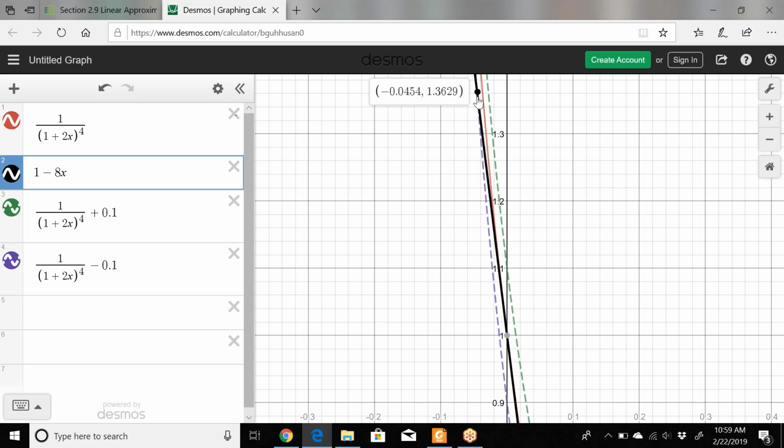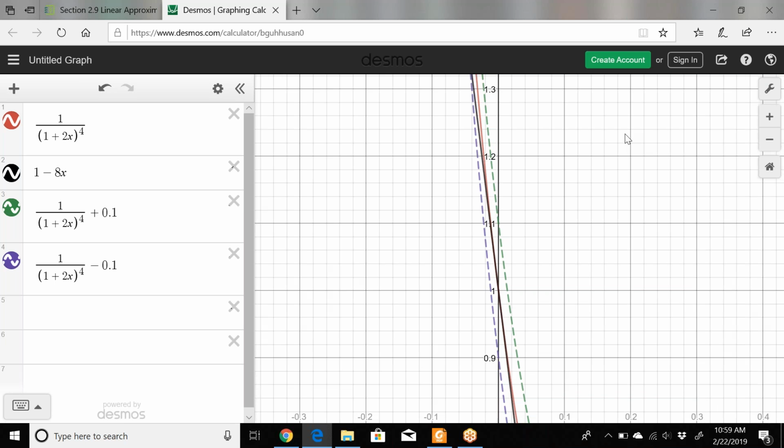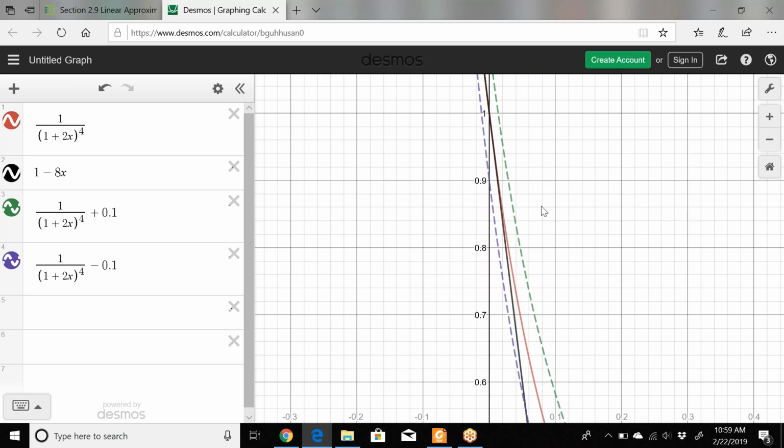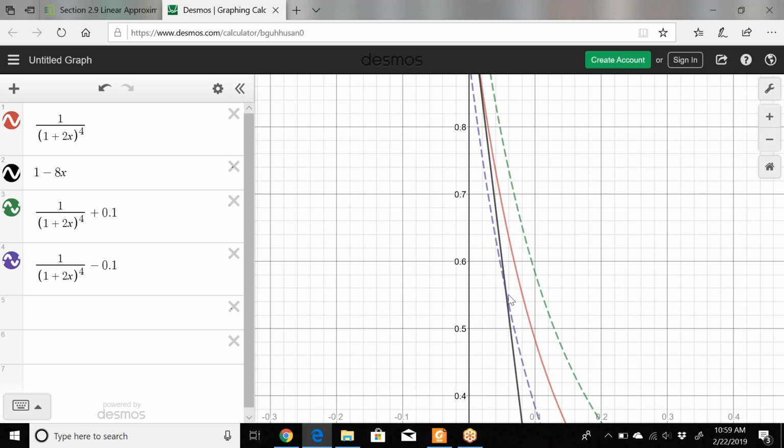Let's see if we can find that first point. There it is. It crosses this purple line. It actually never crosses the green line in this neighborhood, but it crosses the purple line first at negative 0.0454. The other place it crosses is a little further down on the other side of 0. Notice that's 0.0554.